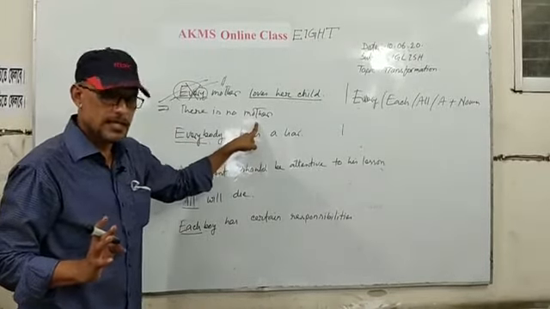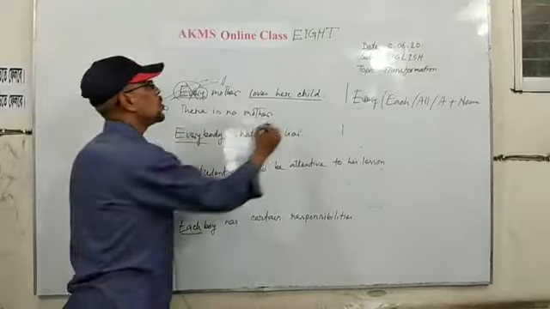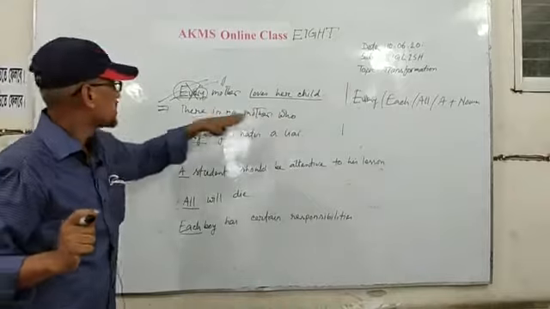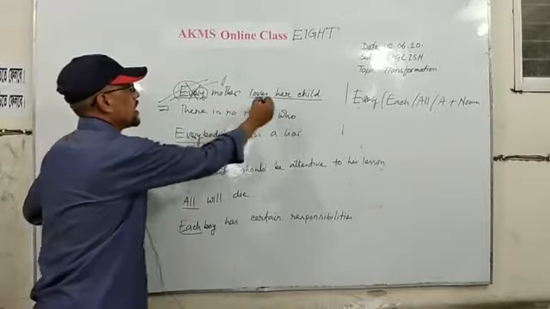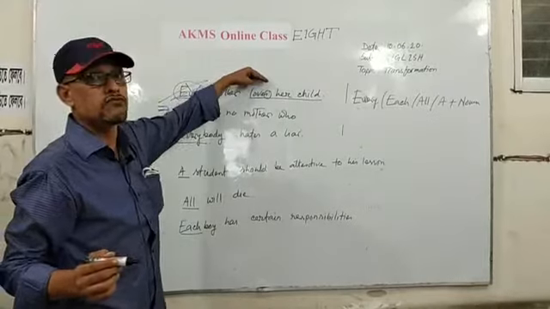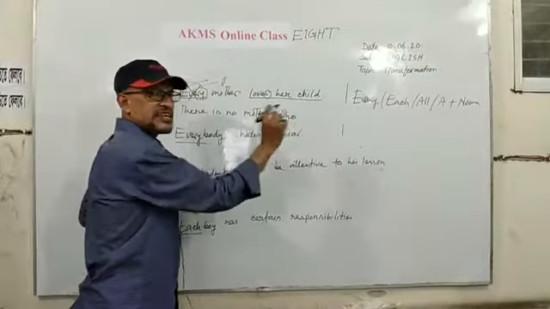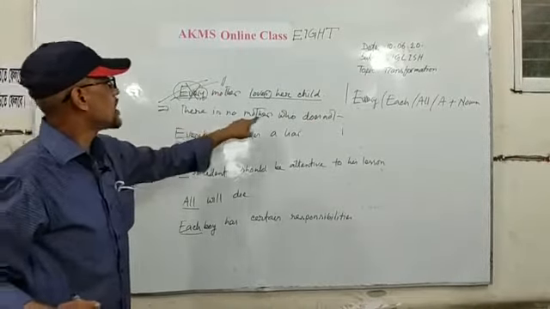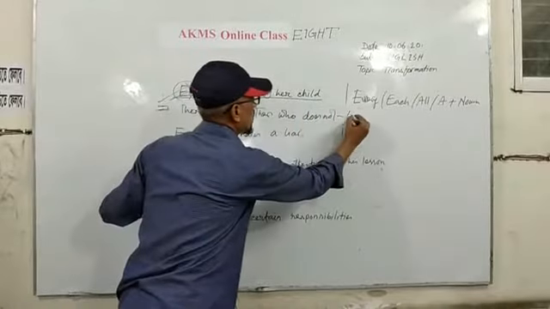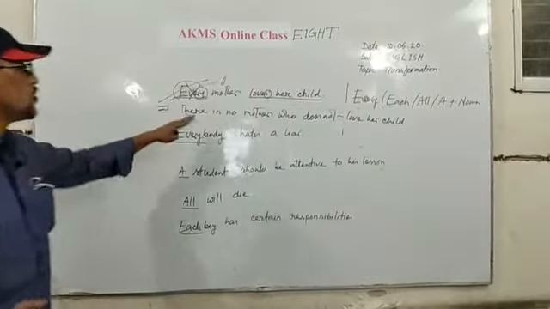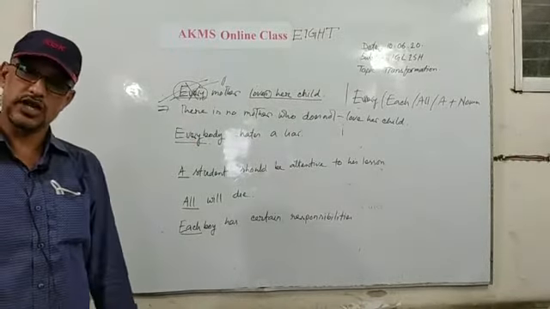So you will use who. There is no mother who. You can see an S after the verb love. Loves. You can make it negative. Who does not. There is no mother who does not love her child.